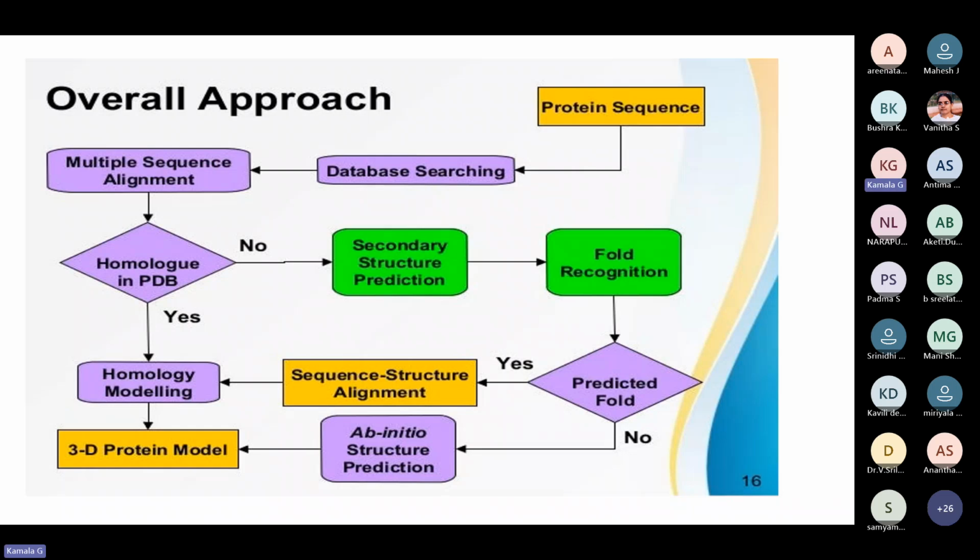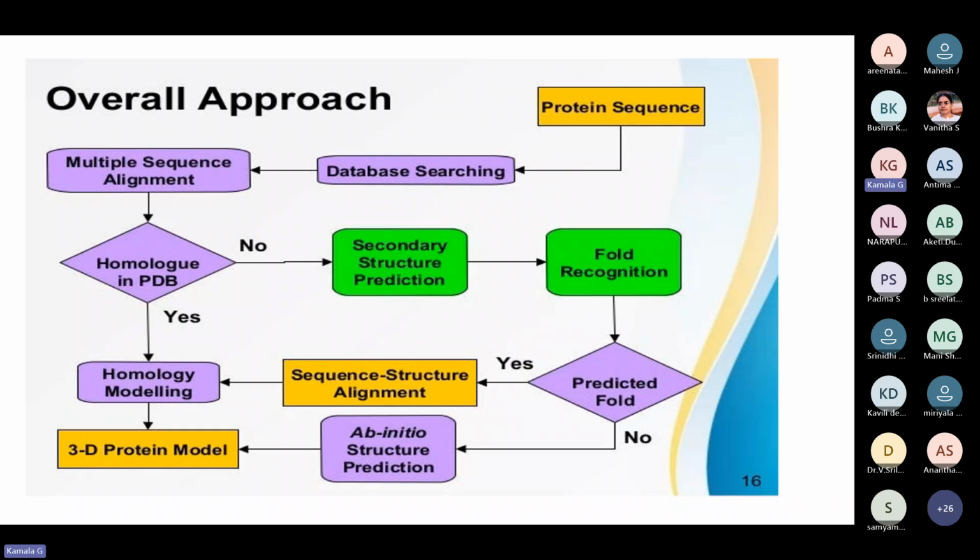Suitable amino acids are replaced according to their phylogenetic relation. Then I develop a PDB structure by homology modeling and verify whether the developed structure is suitable with respect to secondary structures.